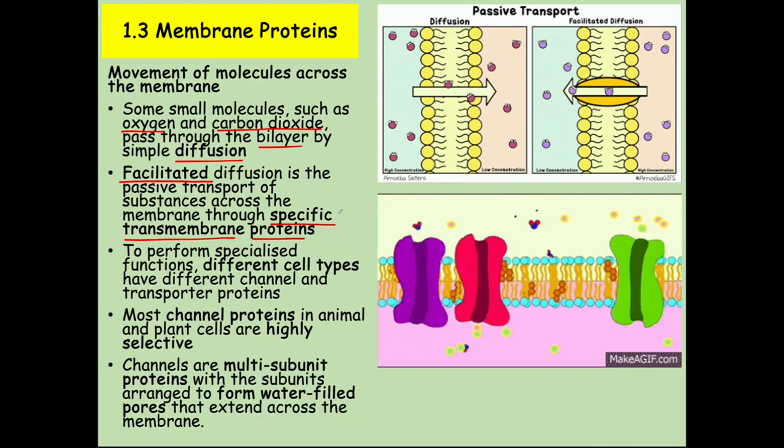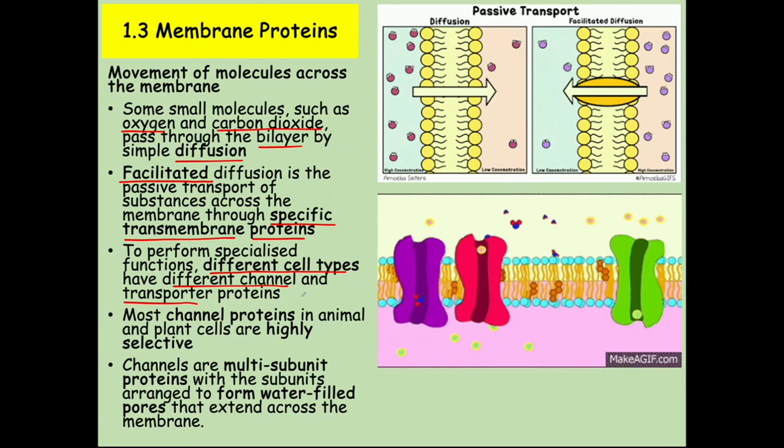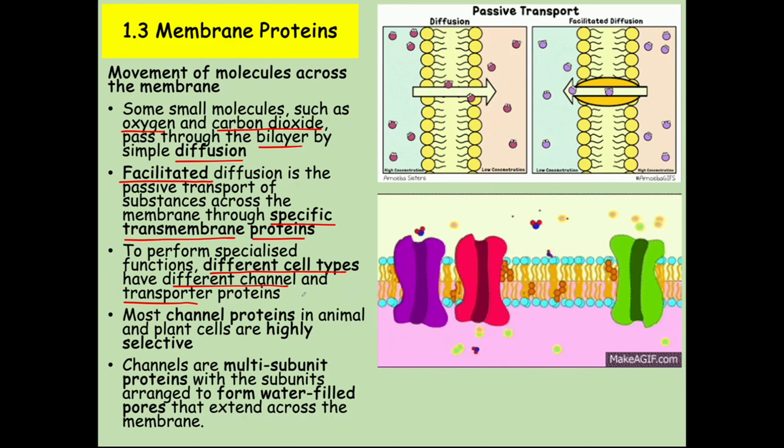There are specific channels for each molecule or ion that looks to pass through these transmembrane proteins. So to perform specialized functions, different cell types have different channel and transporter proteins, okay? So it depends on the cell type, but each of them will have different channel and transporter proteins depending on the molecules or ions that they have to transport in and out of their particular cell.